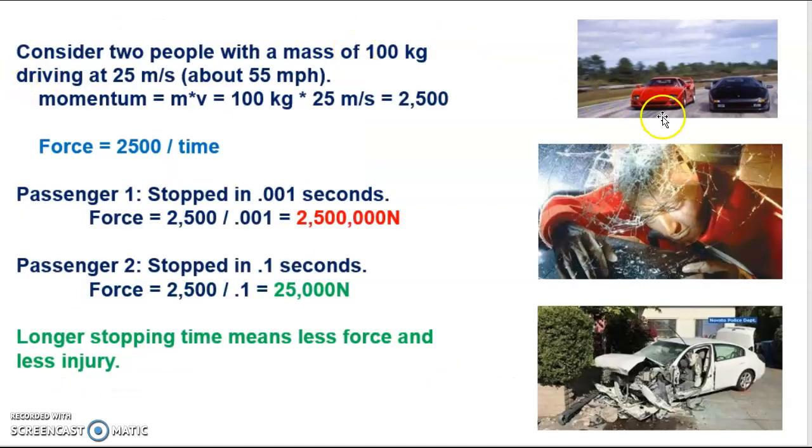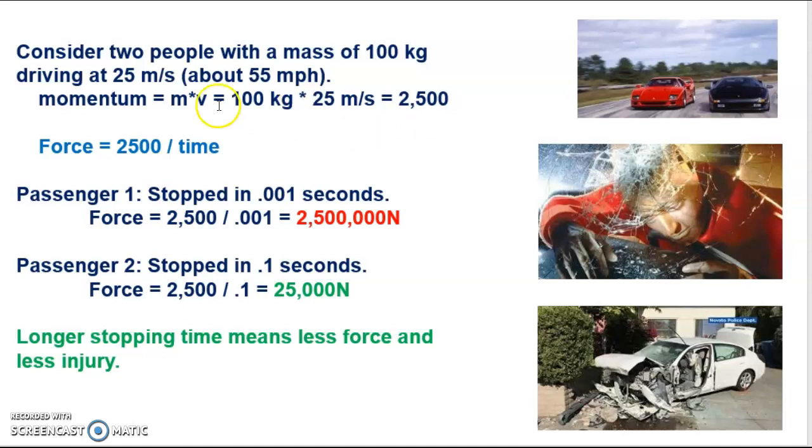So let's just pretend we've got two people here in these two cars. They each have a mass of 100 kilograms, and they're both driving at 25 meters per second, which is about 55 miles an hour. So they both have a momentum of mass times velocity, 100 times 25, or 2,500. So they both have a momentum of 2,500.